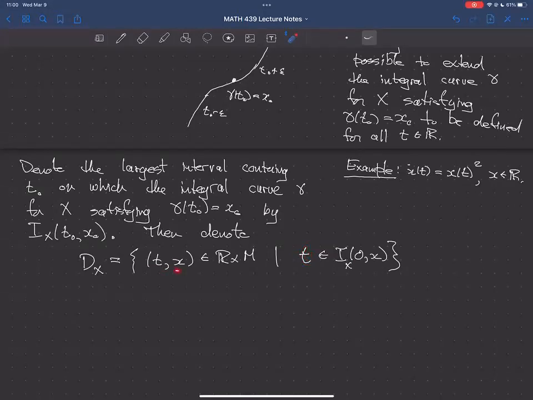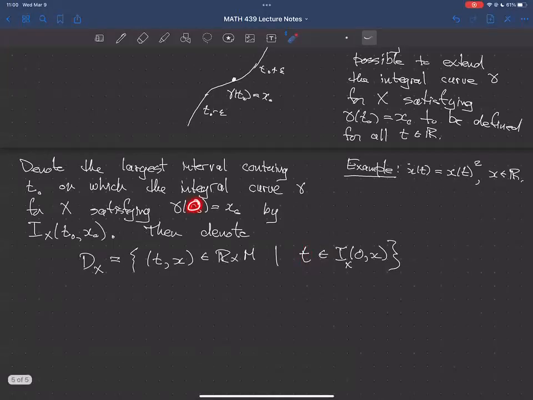The way to think about this is, given an x, find the integral curve so that gamma of 0 is equal to x, and then ask, is t in this largest interval for which the integral curve satisfying gamma of 0 equals x can be defined? All right, so that's what that is.